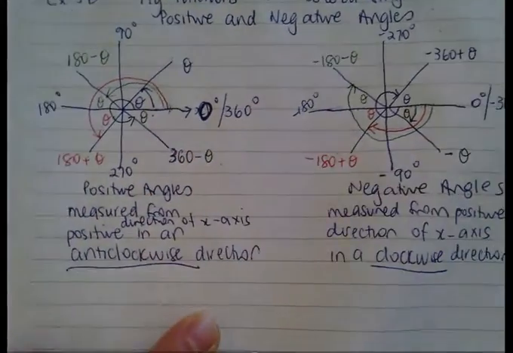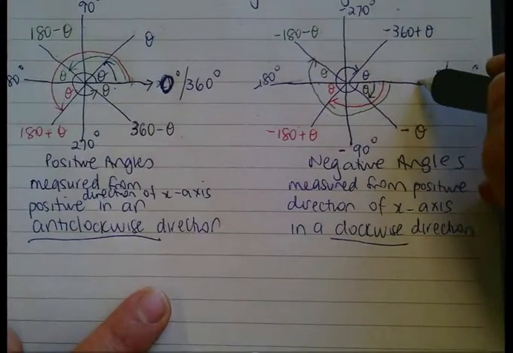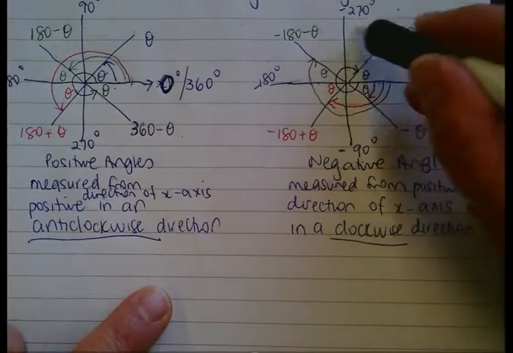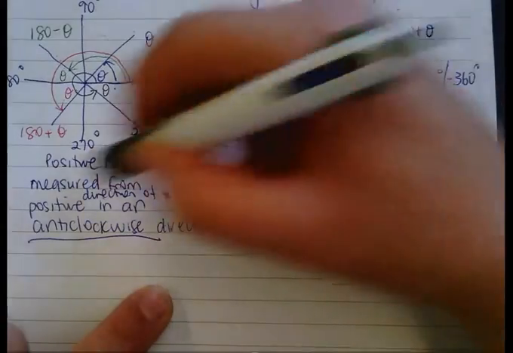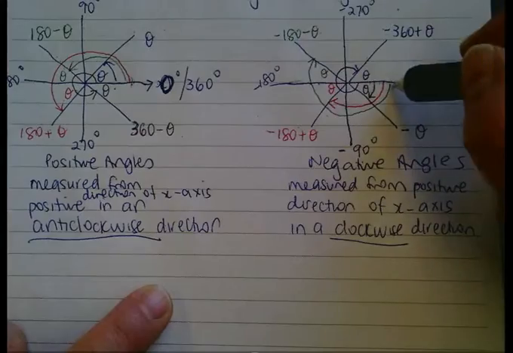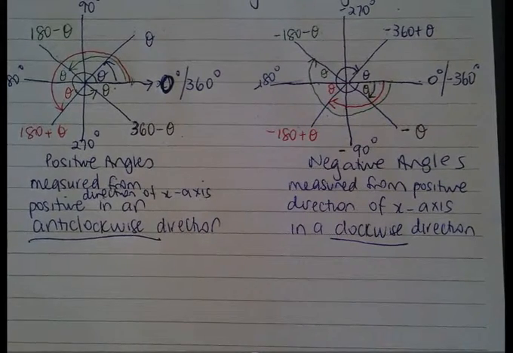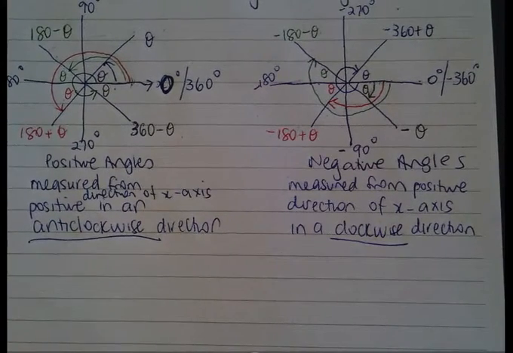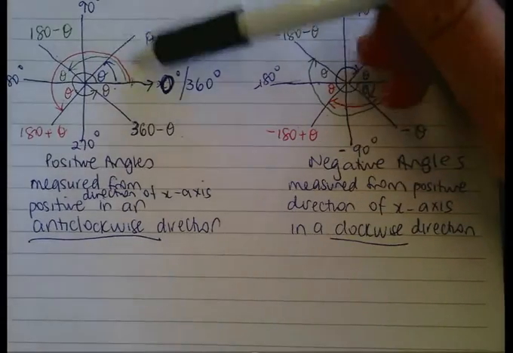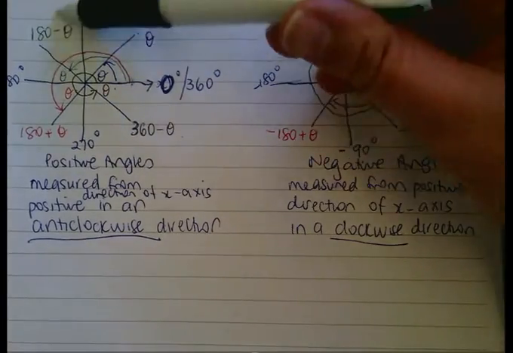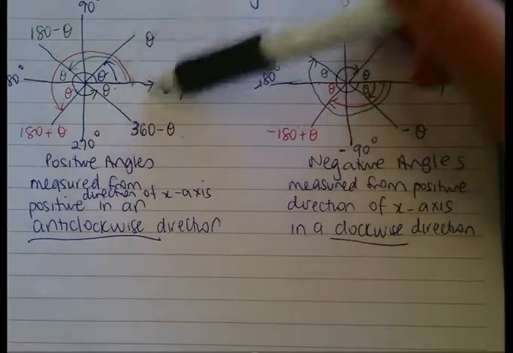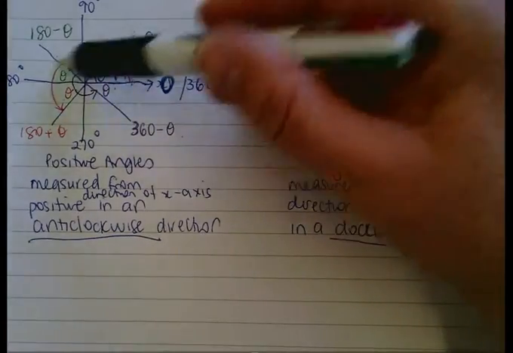And the other one was anti-clockwise. So they both start from over here, but this one goes anti-clockwise, and that one goes clockwise. Now try not to get them confused because they go the opposite way. Everyone thinks that clockwise is positive. In this case, clockwise is negative. How are you going to remember? Quadrant 1, x and y are positive, so that's the way to go. That's the normal direction. Up this way.